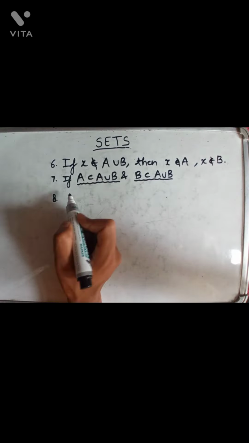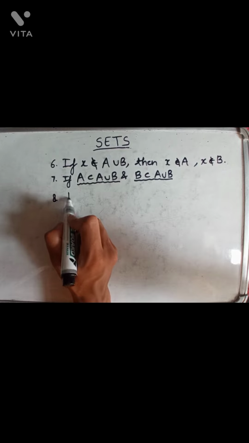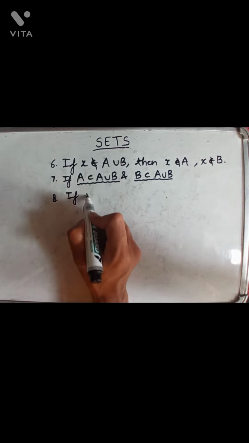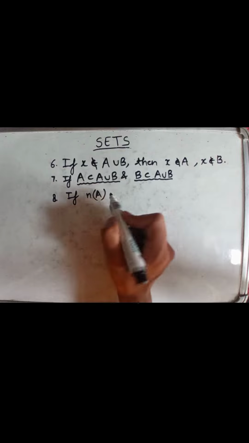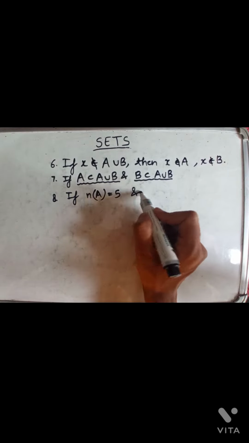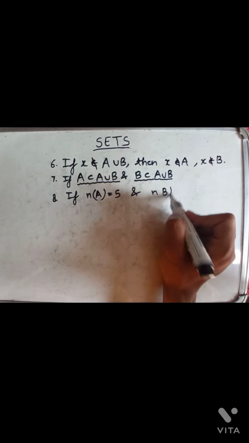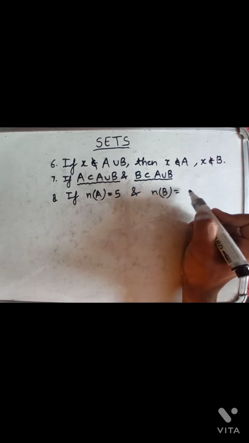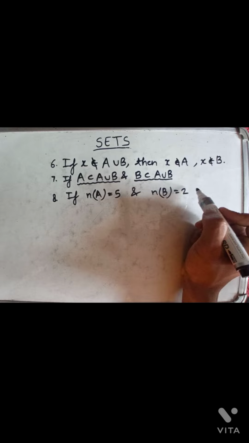The eighth thing is, suppose the number of elements in set A is 5 and the number of elements in set B is 2.